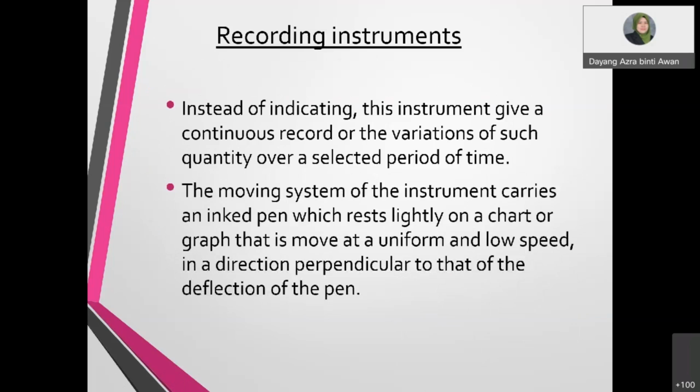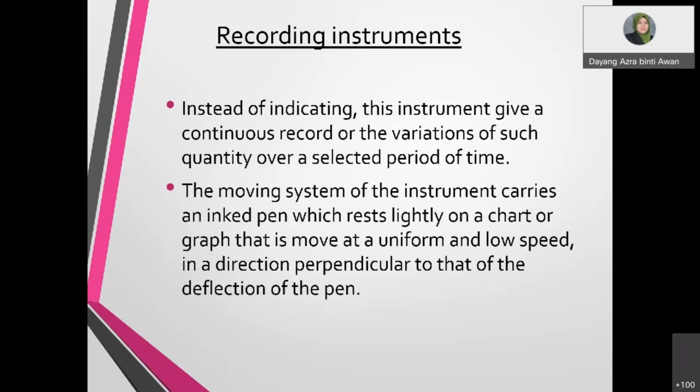And then we have recording instruments. Instead of indicating, this instrument gives a continuous record of the variation of such a quantity over a selected period of time. So they record and then give you the results at the end of your output. Take the data, record, and then display.